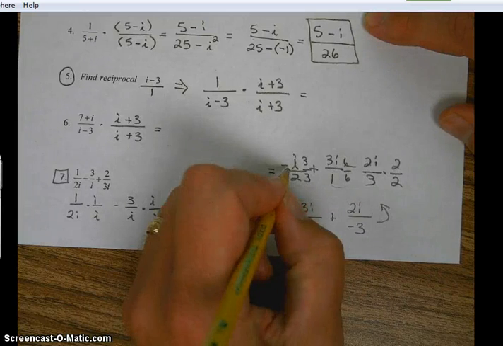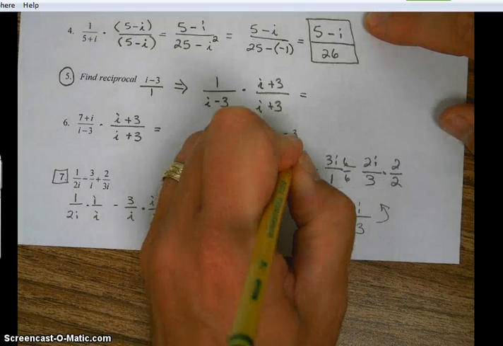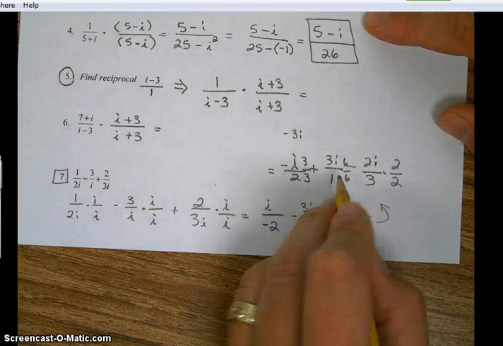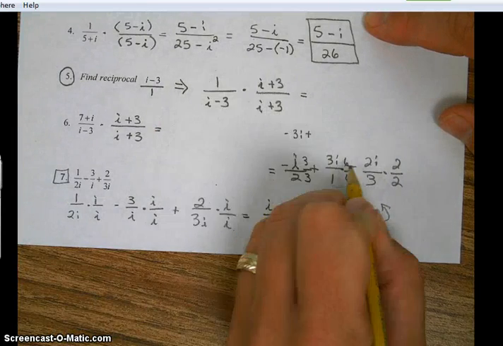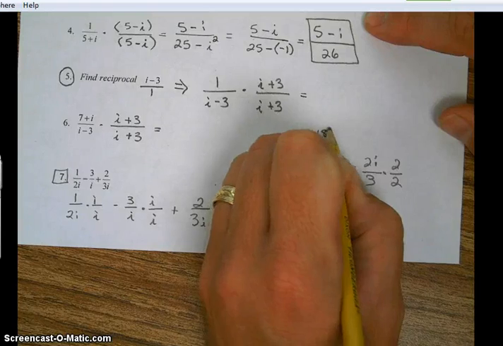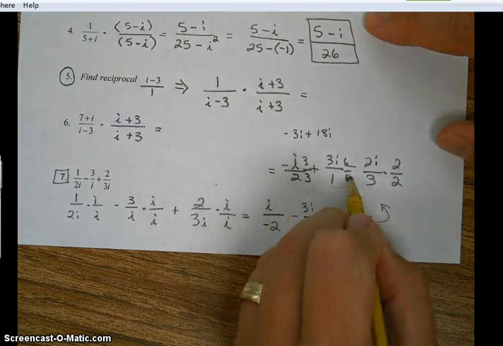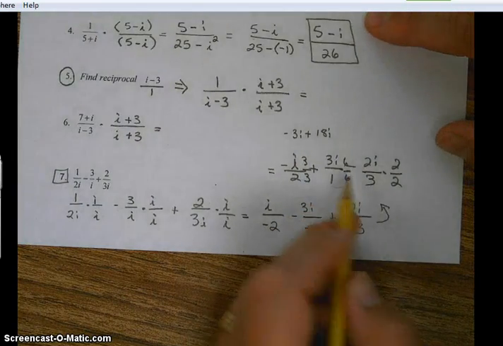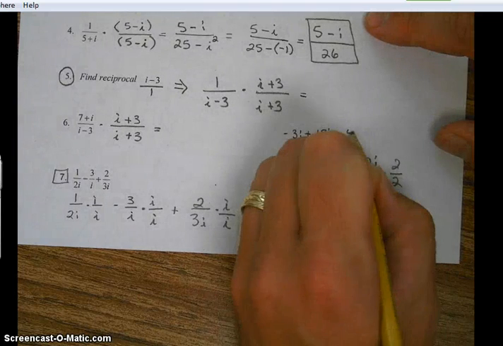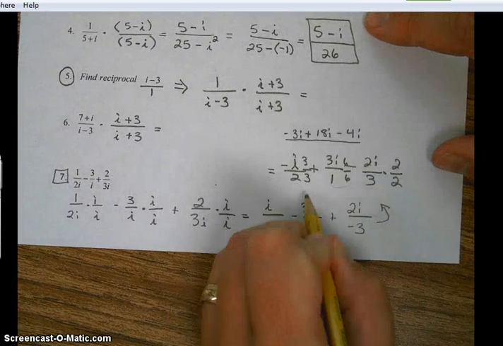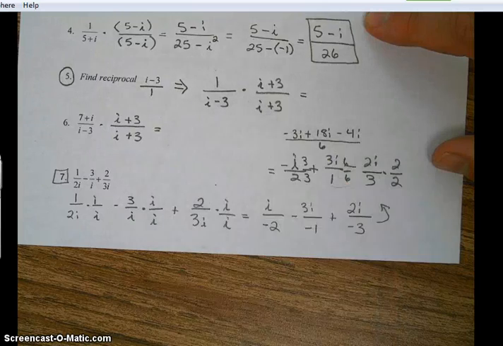So we're going to have a negative 3i, 18i, and minus 4i. And that's all over 6.